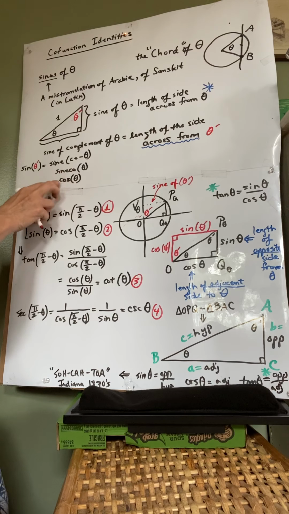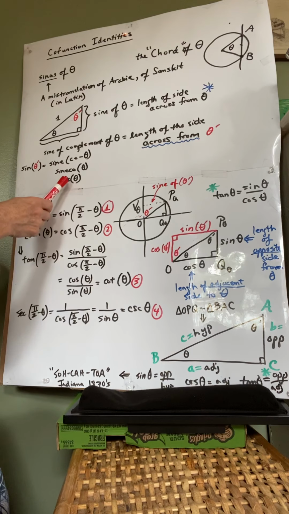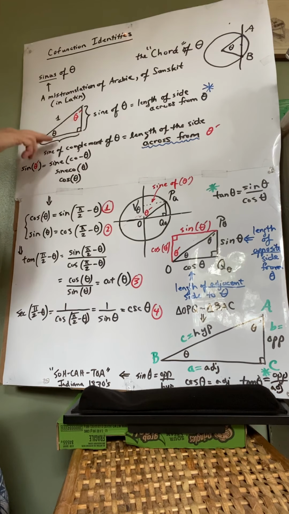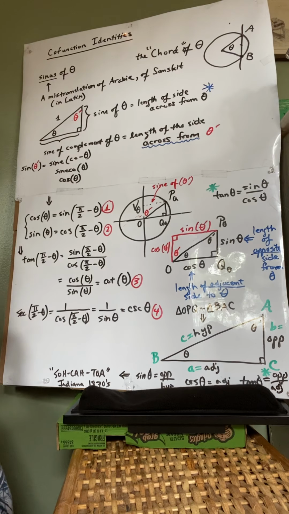Finally, that got shortened to just 3 letters, maybe by the people who make the calculators, who knows, cosine of theta, or just cos theta. Okay, so what is the cosine of an angle? It is the length of the side opposite the complement, the length of the side across from the complement.